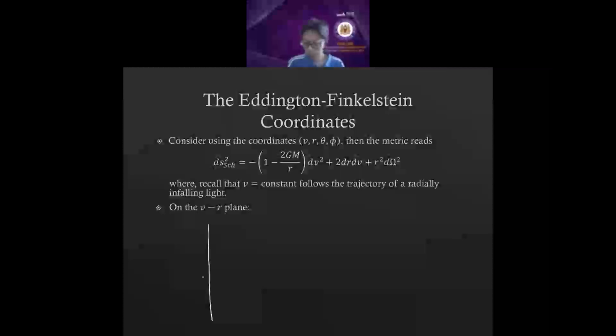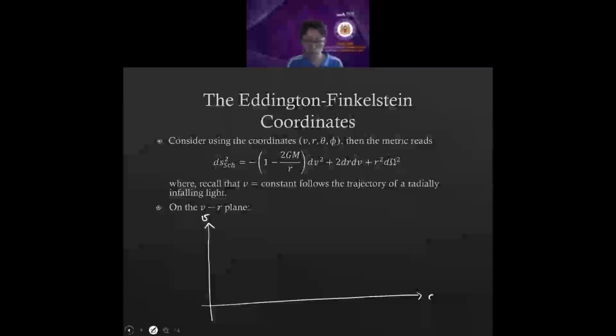So if this is v and this is r, then constant v would correspond to, let's say, this line. That constant v is following radially infalling light, which means this is the path taken by light falling towards r equals 0.